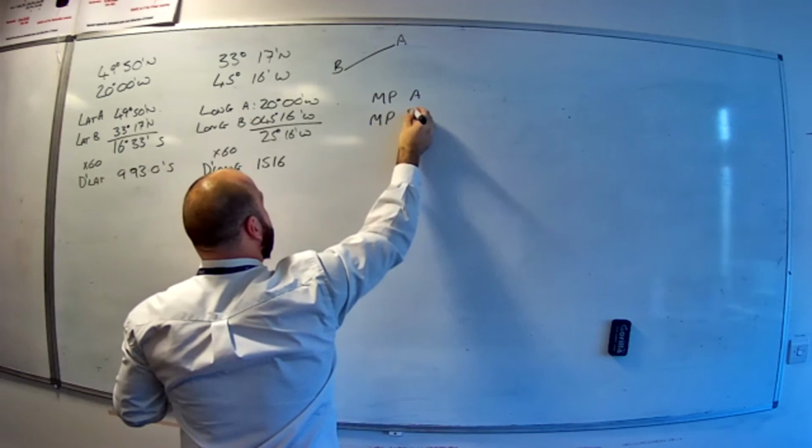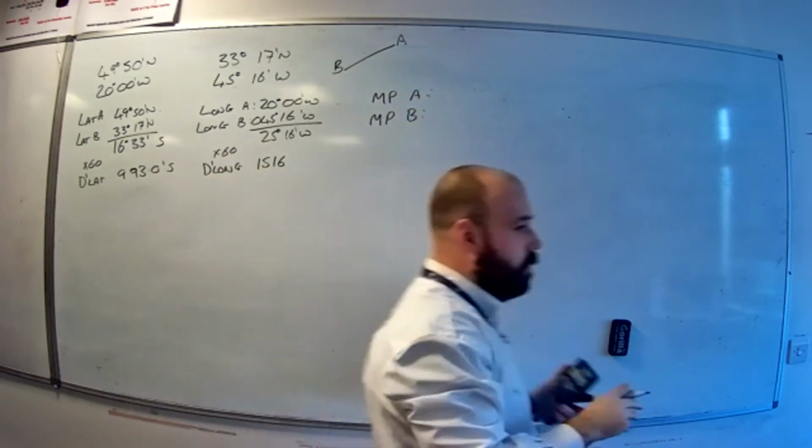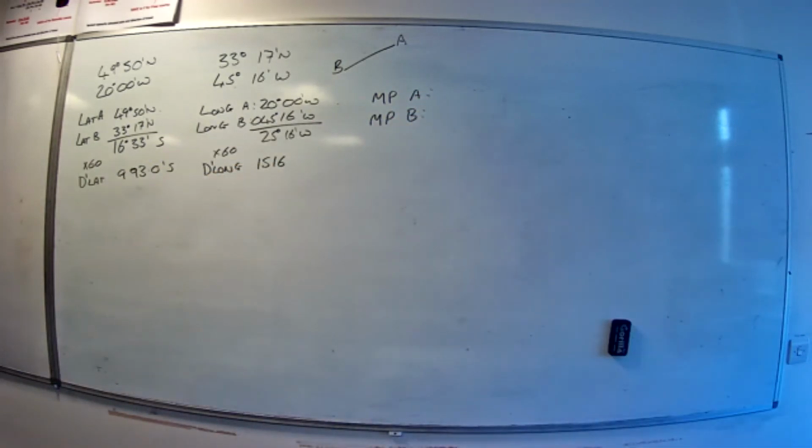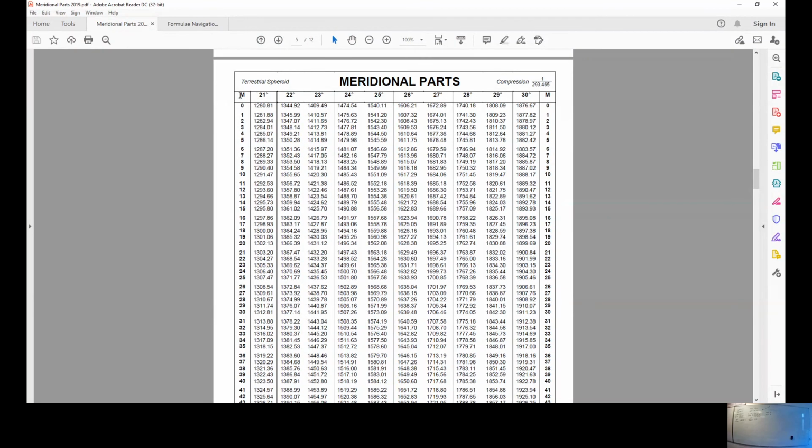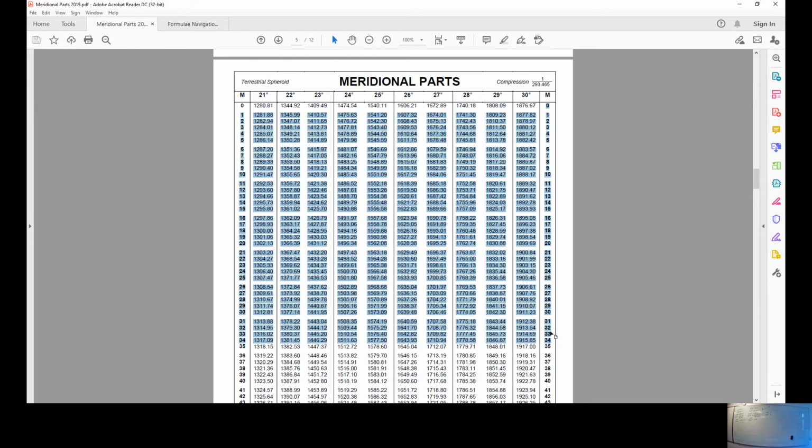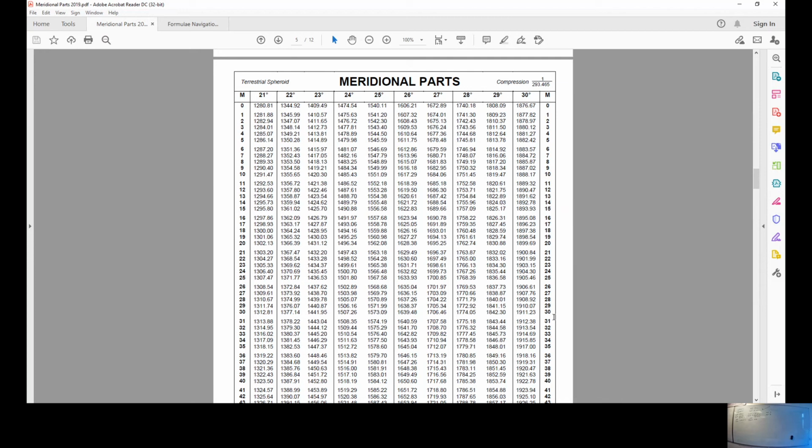So to get meridional parts, have a look in your table of meridional parts. And you go in with arguments of whole degrees of latitude along the top and minutes of latitude down the side. The table is only built for whole degrees and minutes. You can interpolate between one and the other, but only between those values.